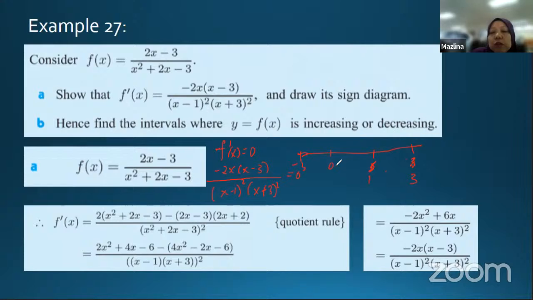Okay. And then if you try to substitute any value between 0 and 1, let's say it is half. So it is positive ke become negative? Let's say x is equal to 0.5. Positive. Is it positive? Yes. Okay. In between value between 1 and 3? Positive. Also positive.